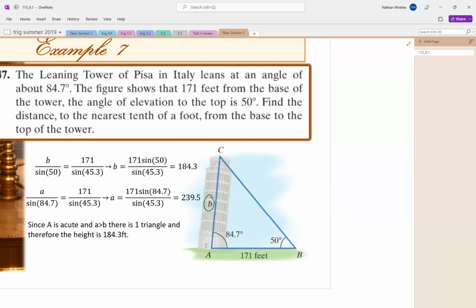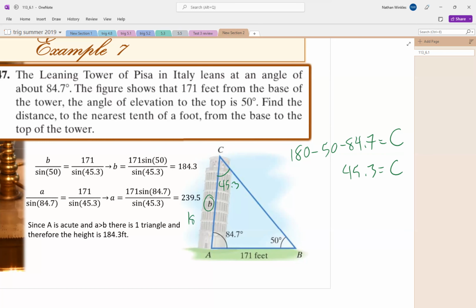So B divided by the sine of 50 is equal to 171 divided by sine of angle C. This angle C up here is 180 minus 50 minus 84.7, so 45.3 is equal to angle C. Therefore, 171 over sine of 45.3. So B equals 171 sine 50 over sine of 45.3, which is equal to 184.3.